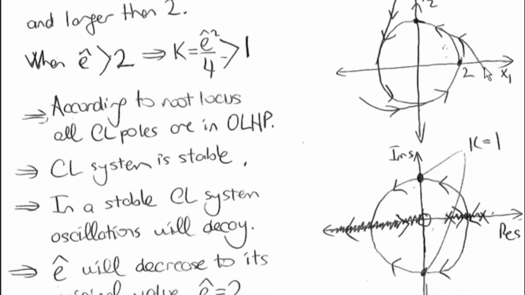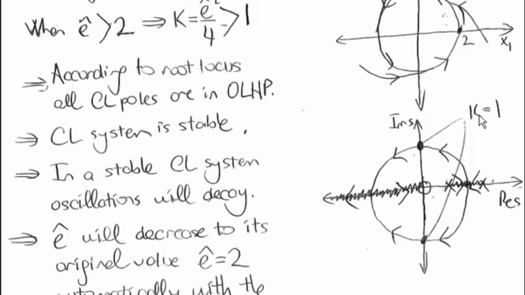So therefore, outside this circle, I have a stable behavior which makes the nearby trajectories converge back to the original oscillatory behavior here. So the behavior outside the original oscillatory trajectory is actually stable.